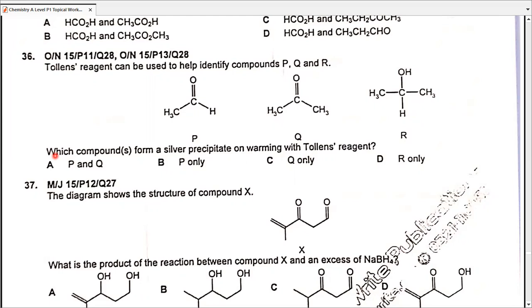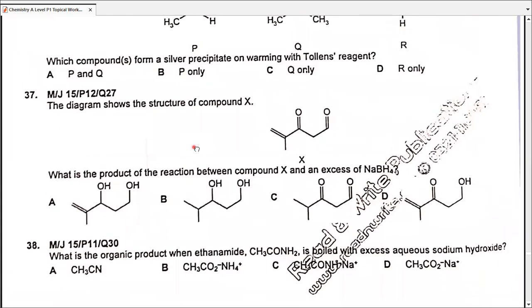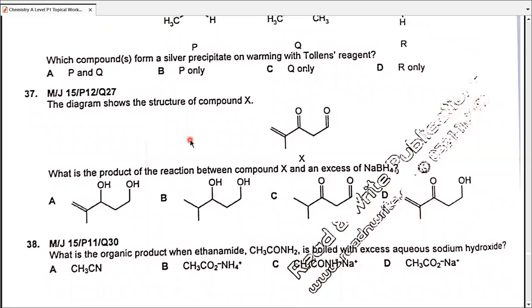Beta. Perfect. Moving on. Alpha. Good. Next.